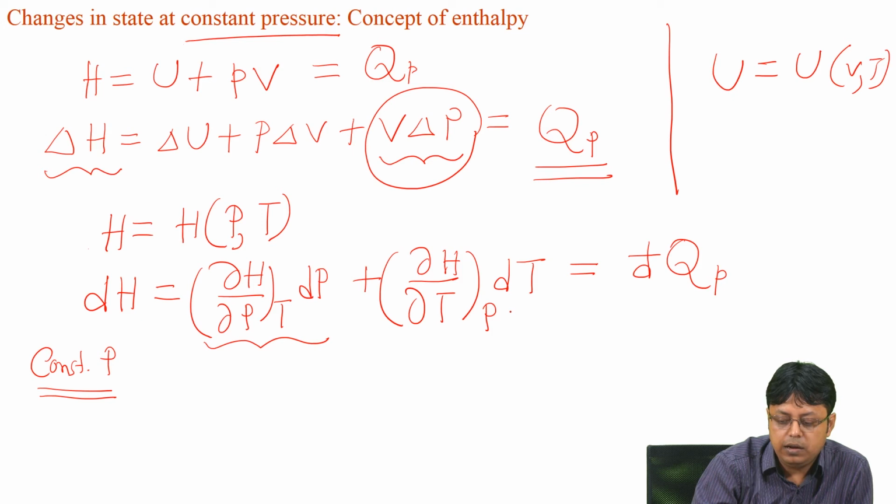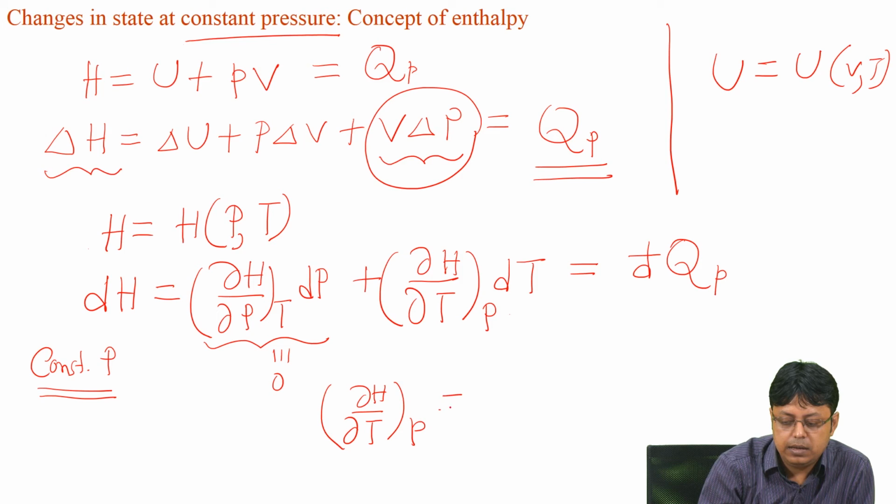If we divide both sides by dT, then we get del H del T at constant P is nothing but d cross q p by dT.